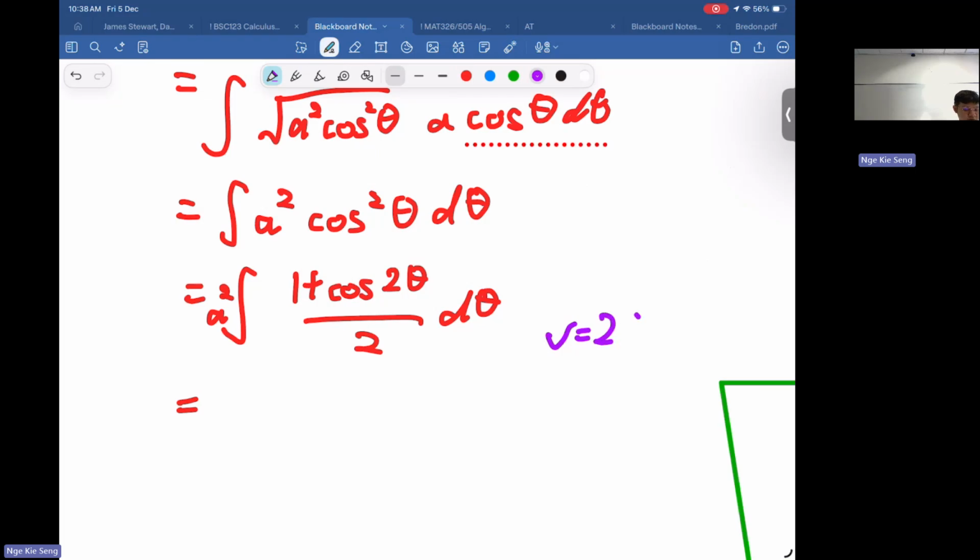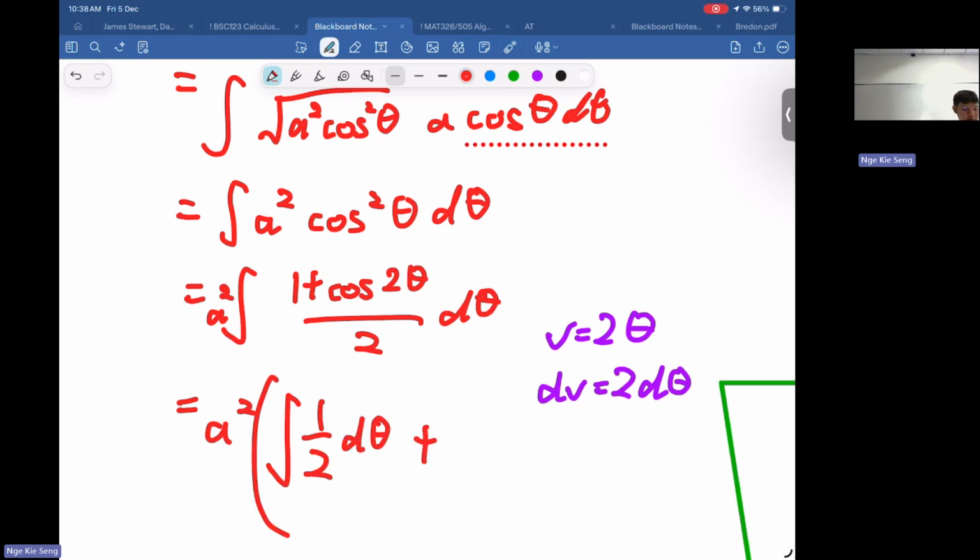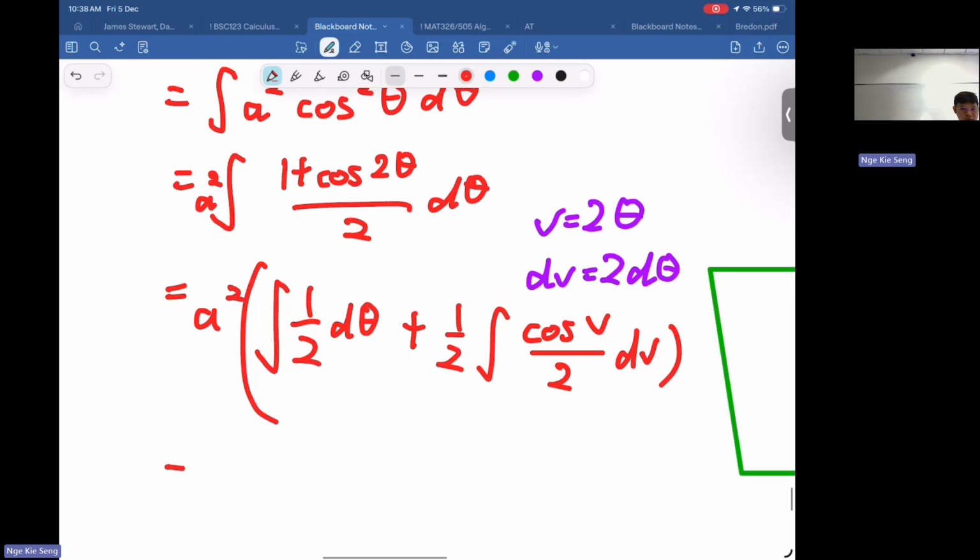If this is right, then we again use substitution on 2 theta. What's the substitution we're going to do? v equals 2 theta, dv equals 2 d theta. So for the first one it is 1 over 2 d theta, no worries. But for the second one, we get 1 over 2 of cos v over 2 dv.